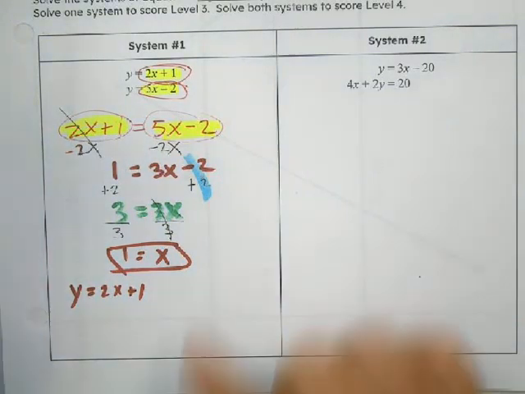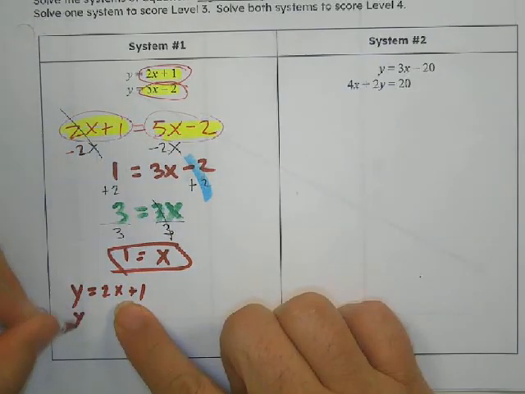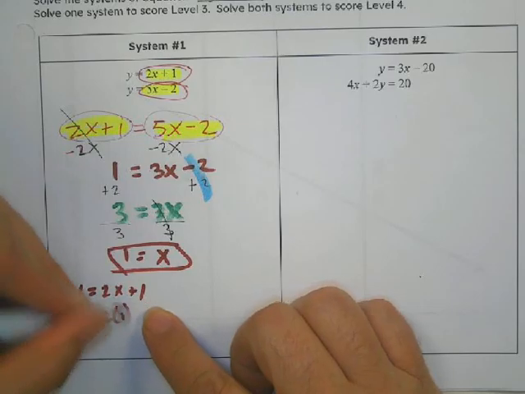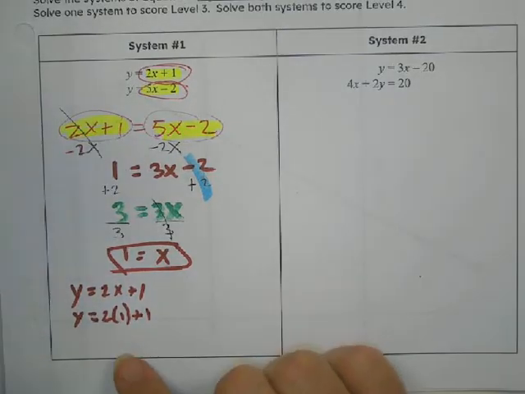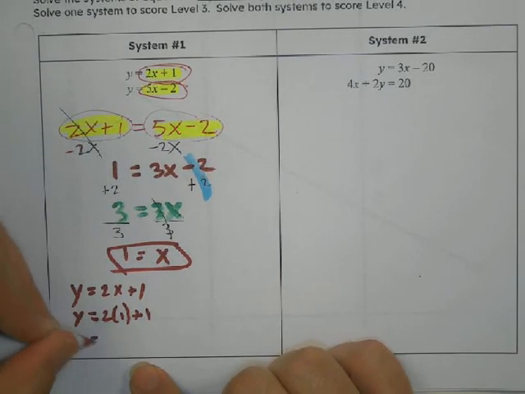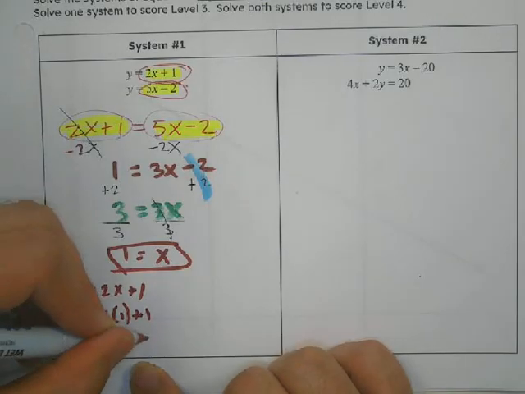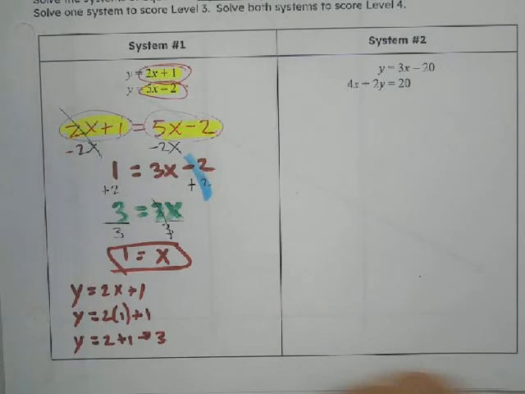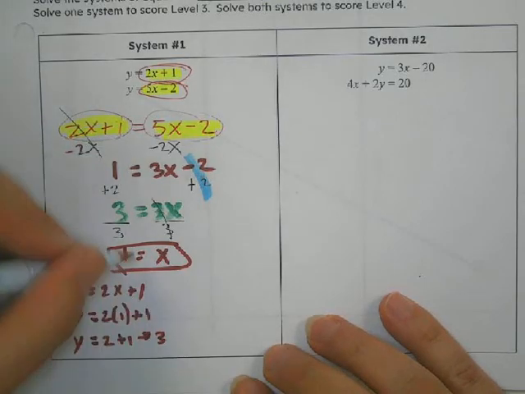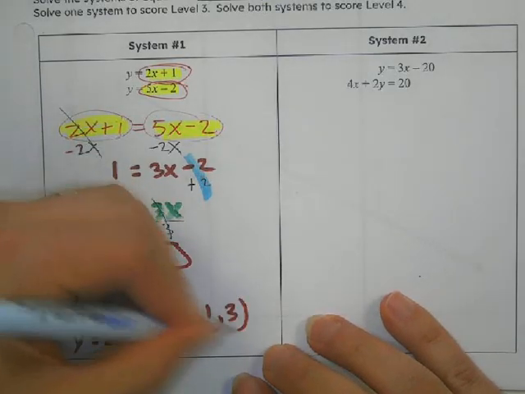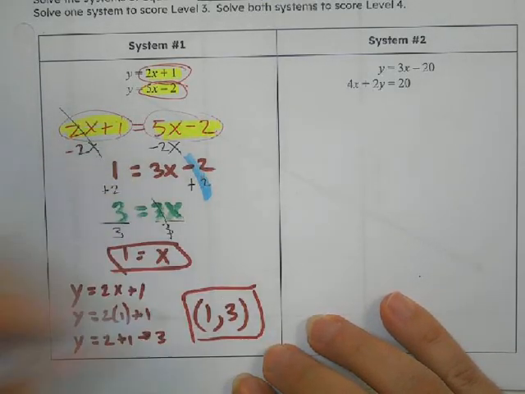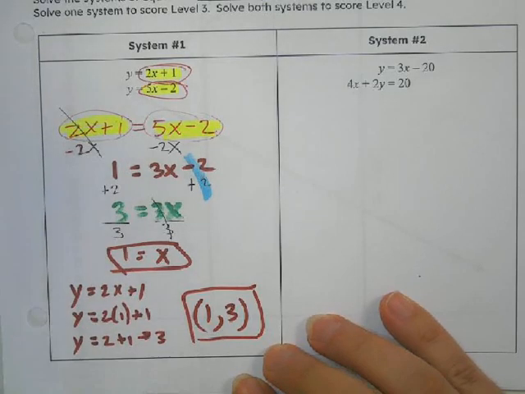So y equals 2 times 1 plus 1. 2 times 1 is 2, so y equals 2 plus 1, which gives me 3. My answer is 1, comma 3: x is 1, y is 3.